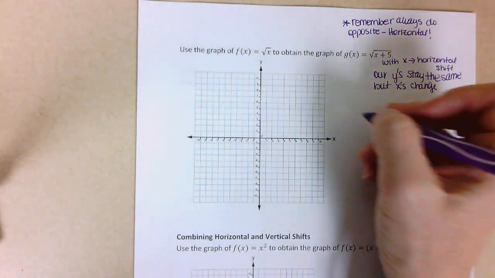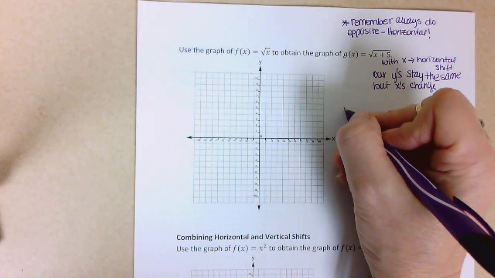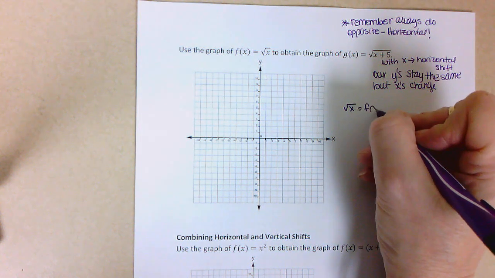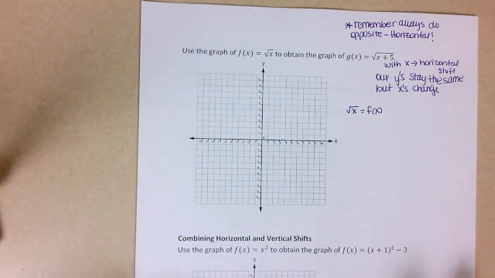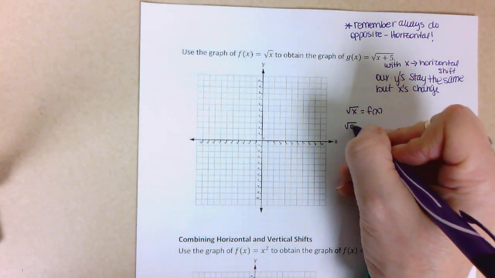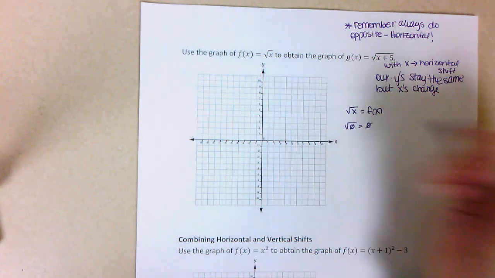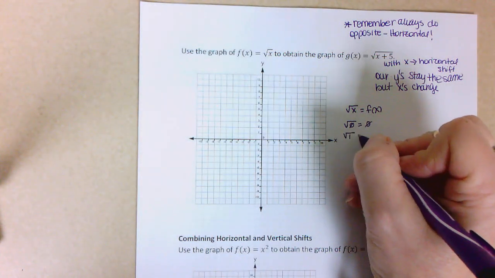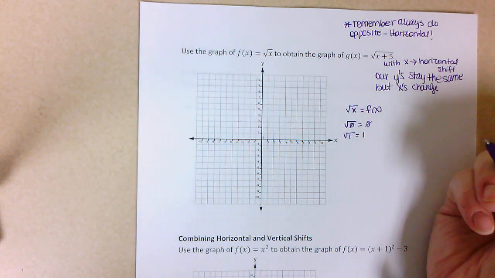Okay. So let's work out this first one. So if we have the square root of x equals f of x, or y, okay? So if we plug in 0, if we get the square root of 0, well, that's going to equal 0, right? What about square root of 1? That's 1, right?